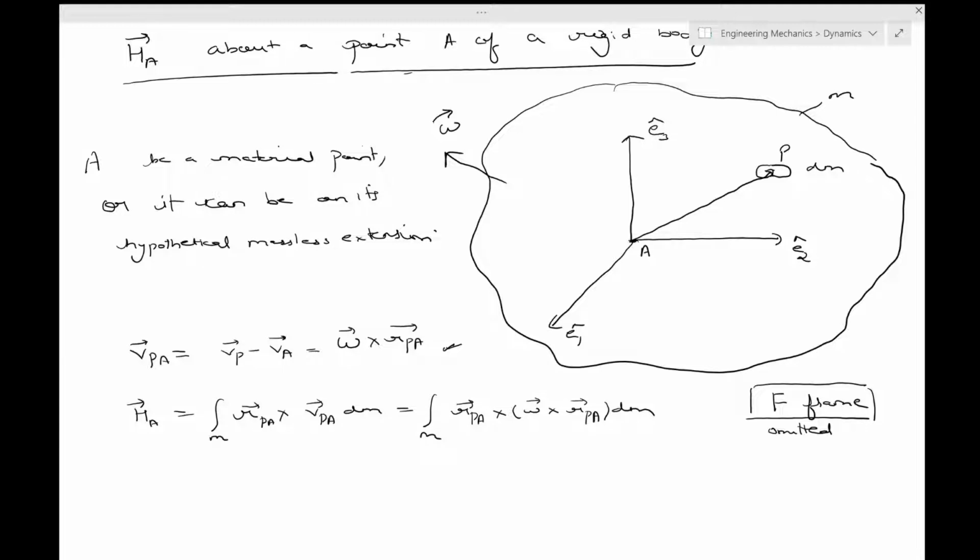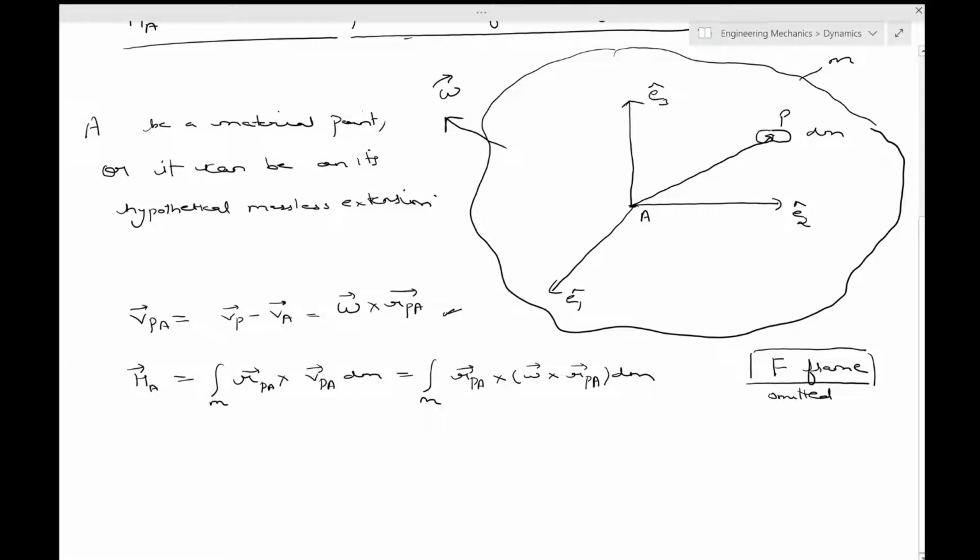Let's try to expand some of these expressions and get to a more helpful formulation of HA. HA in itself is correct, there's no doubt about it, but we want to write it in a slightly more useful form. So the rest of this exercise is towards that.